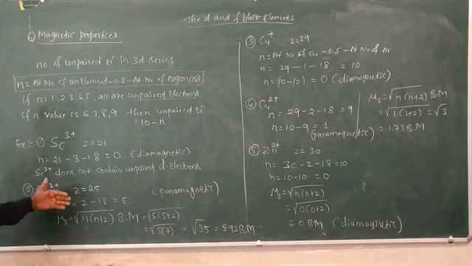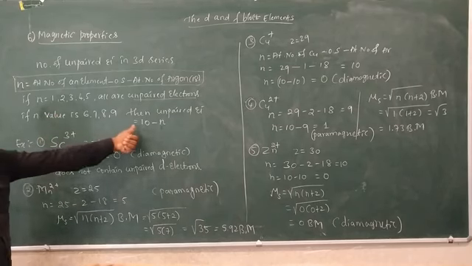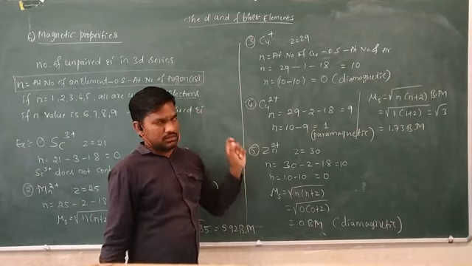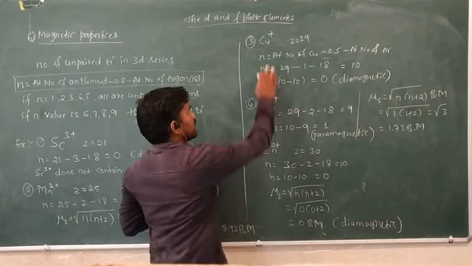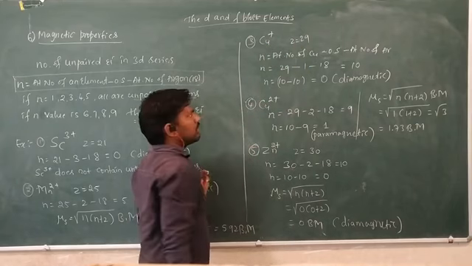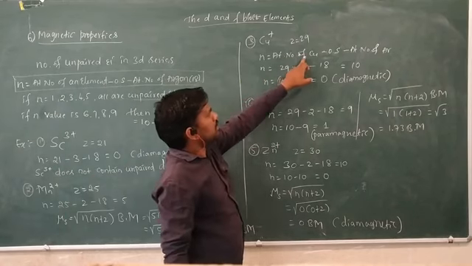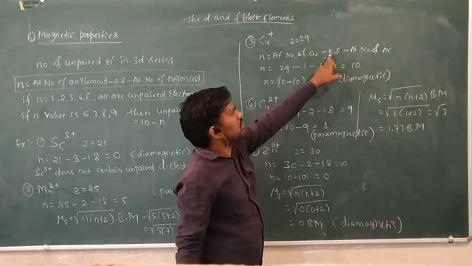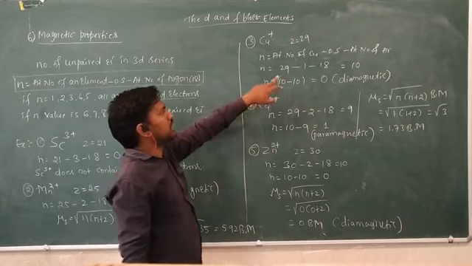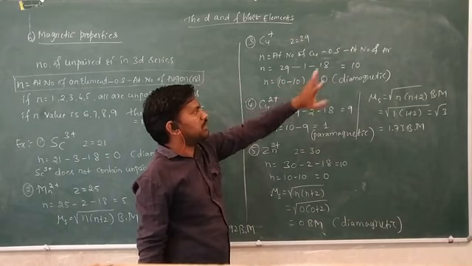If the n value is more than 5, then how to calculate? 10 minus n. See, copper 1+ only, loss of 1 electron only. Cu+. Atomic number of copper is 29. Atomic number of copper minus oxidation state 1 minus atomic number of nearest noble gas argon: 29 minus 1 minus 18 gives 10.